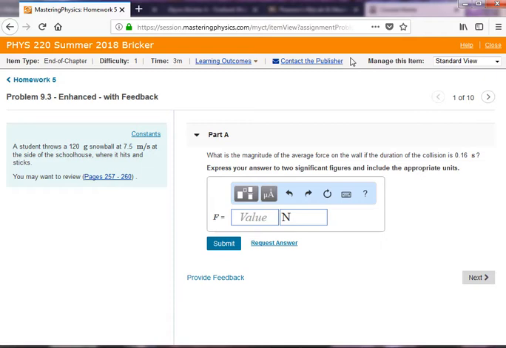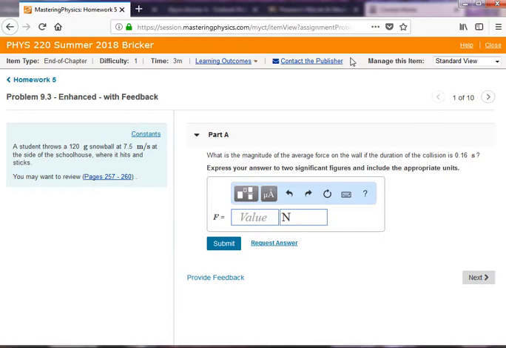So we could assume that when it sticks, its final speed is equal to 0. We want to know what is the magnitude of the average force on the wall if the duration of the collision is 0.16 seconds.